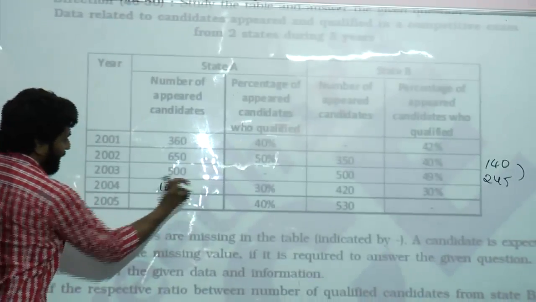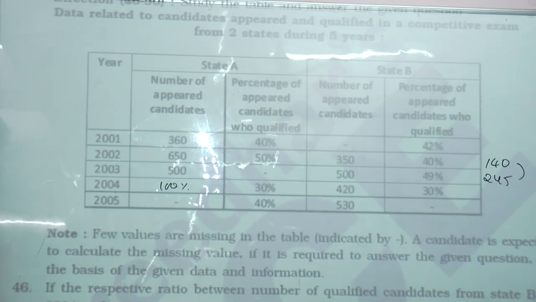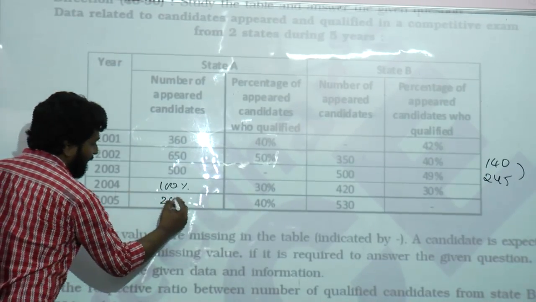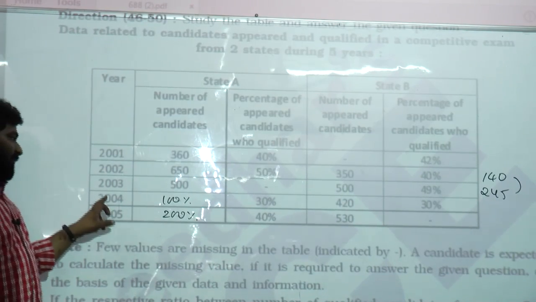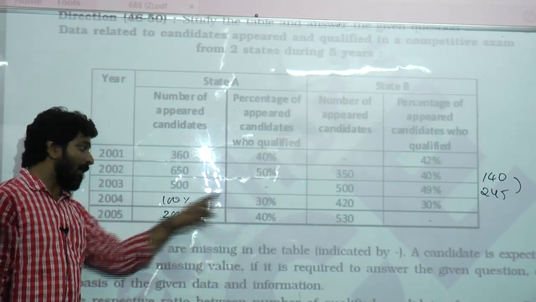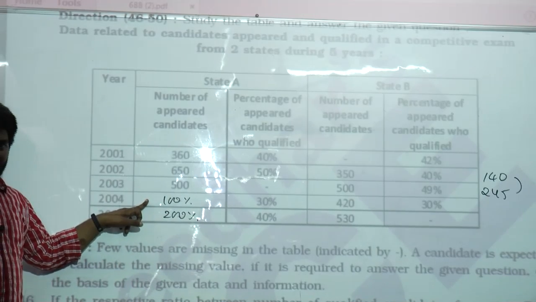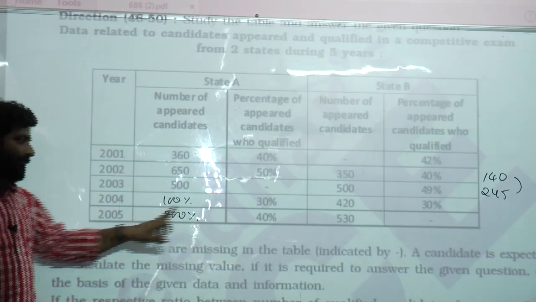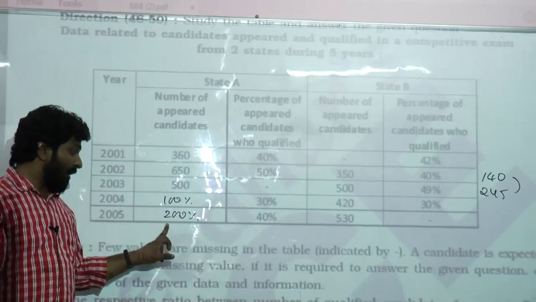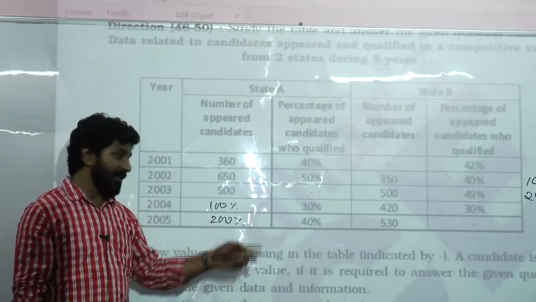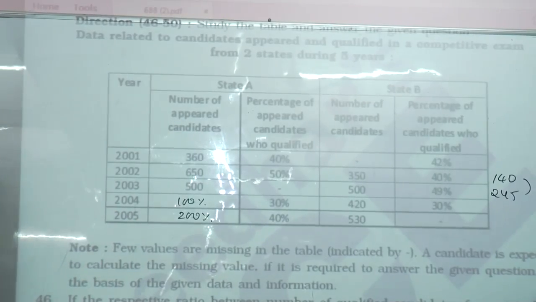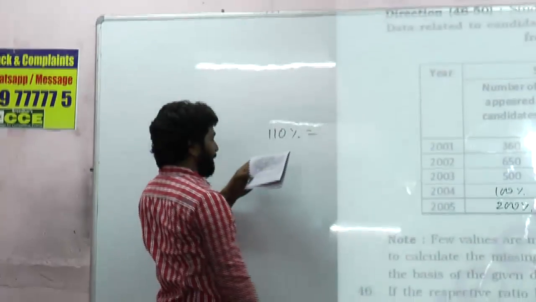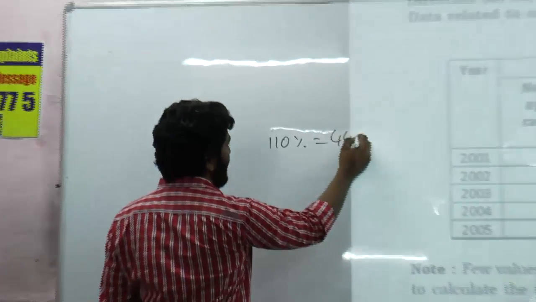So in 2004, let's say we have 100% total candidates who got appeared, and in 2005 that becomes 200%. And qualified candidates in 2004 becomes 30% of 100, which is 30% only, and in 2005 40% of 200 will be 80%, and here 30%, total 110%. In terms of percentage that is 110, and in terms of a number it is 440.